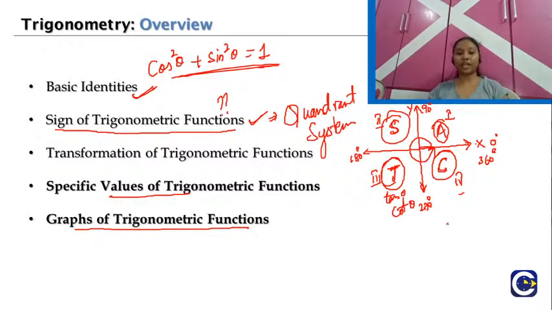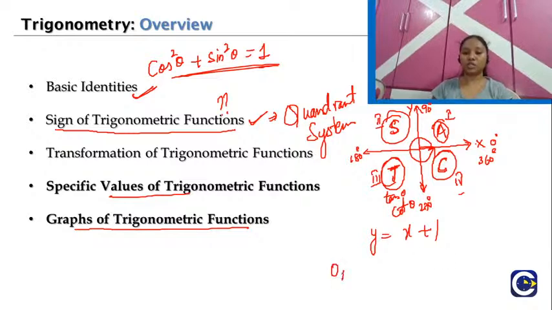For example, if I have y equal to x plus 1 and you have to plot the graph, if you take x value 0, then y will automatically be 1. Similarly, for trigonometric functions, we should have some specific values. Using that only we can predict the graphs of trigonometric functions.